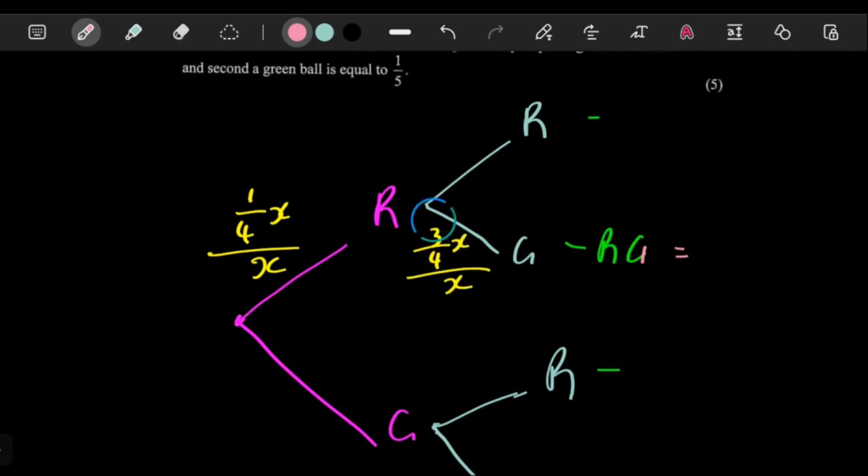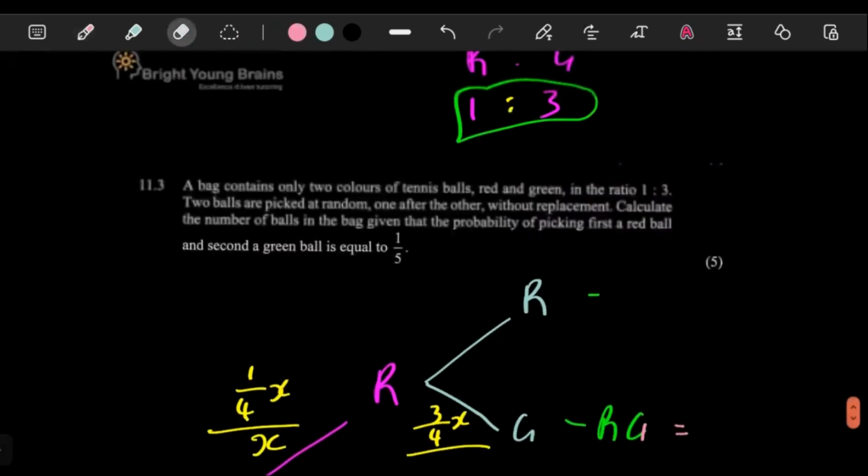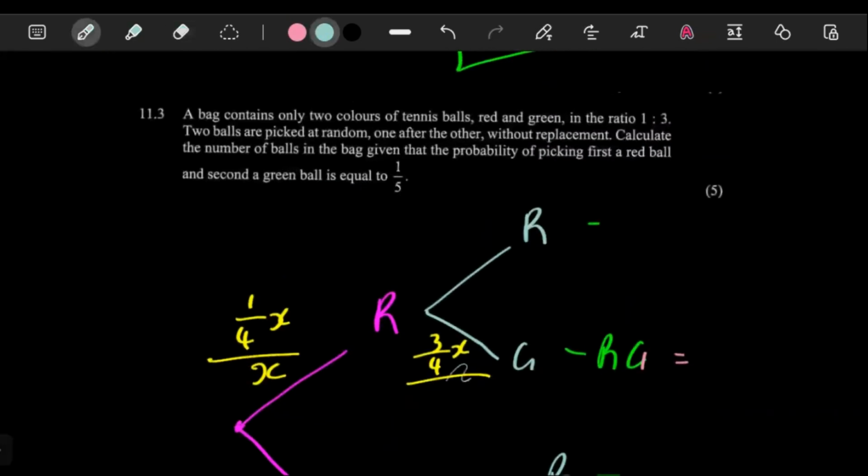Let me just double check here. They said number of balls without replacement. Without replacement means you take it out and it's gone. So the total here is not X anymore. It's X minus 1.